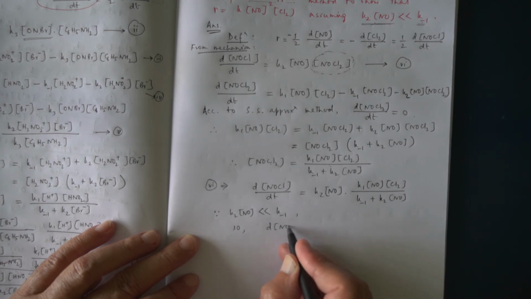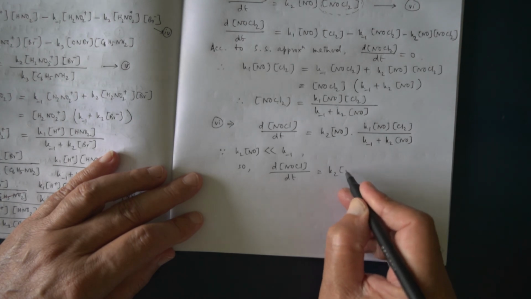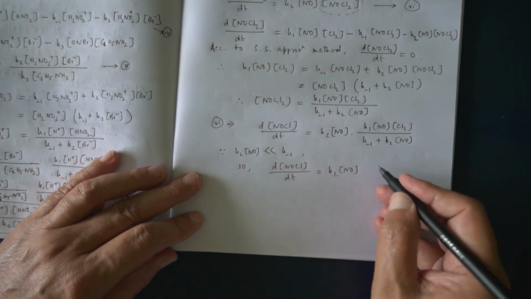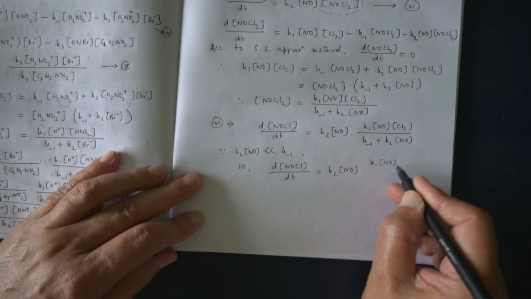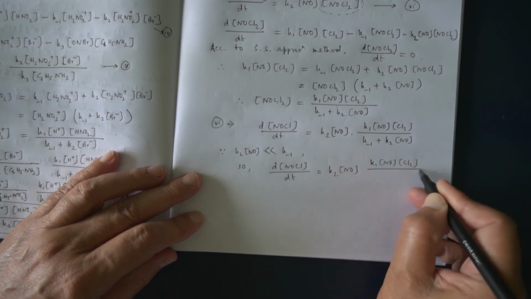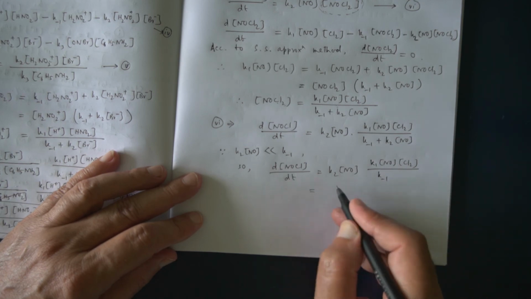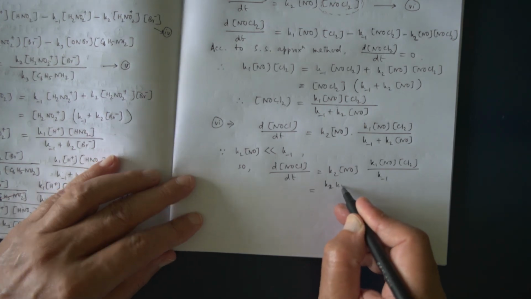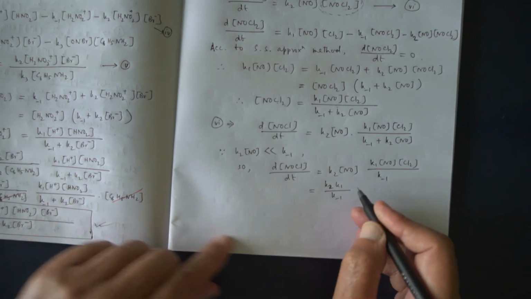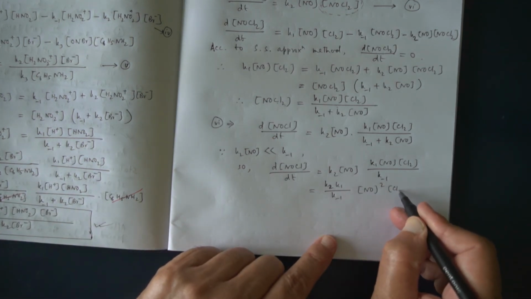d[NOCl]/dt equals K2[NO]·K1[NO][Cl2]/K-1, and that is equal to K2K1/K-1 [NO]²[Cl2].